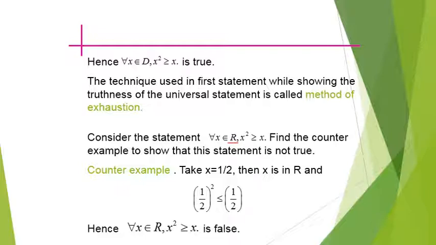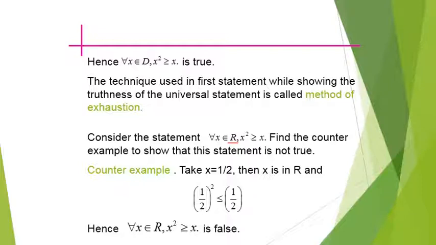So in the real number system we can take X any number, and by choosing x equal to 1 by 2, then (1 by 2) square is not greater than or equal to 1 by 2, because if you take the square it is 1 over 4, and 1 over 4 becomes less than 1 over 2.